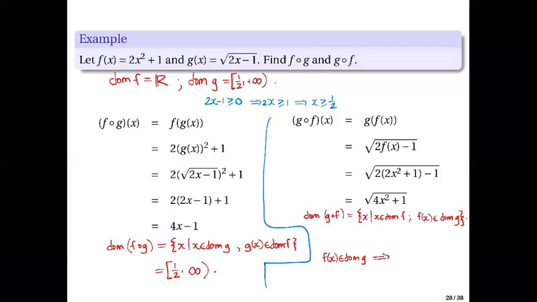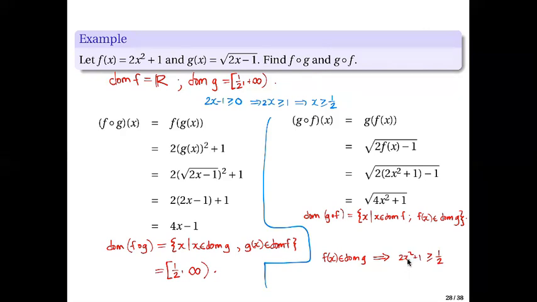This means, what's your f of x? It's 2x squared plus 1. Okay, that's your f of x. You need this to be greater than or equal to 1/2. Okay, but notice, this is always true, whatever your x is.